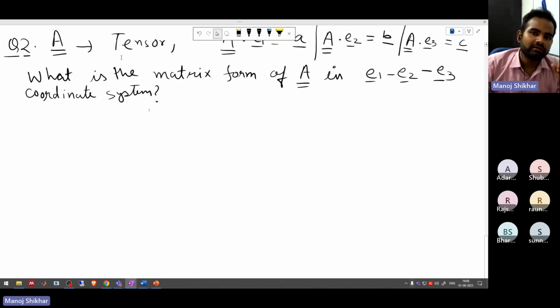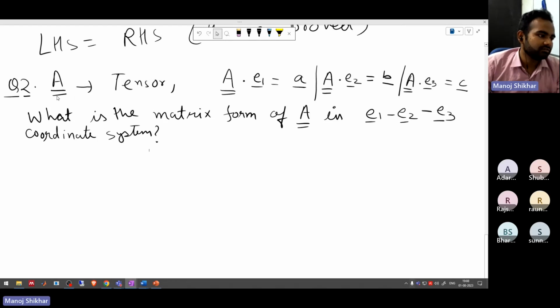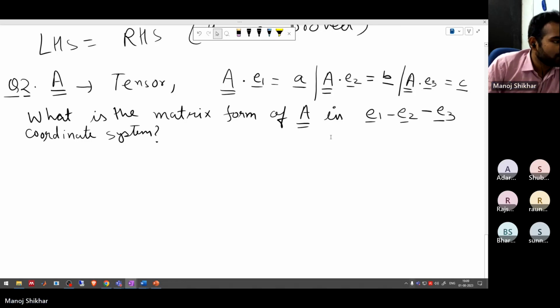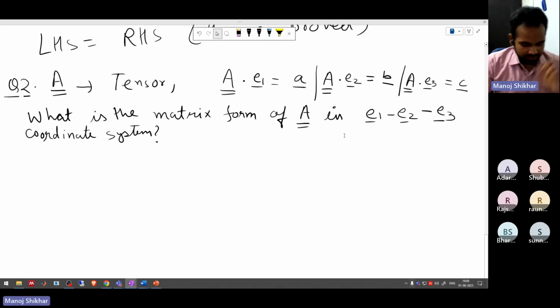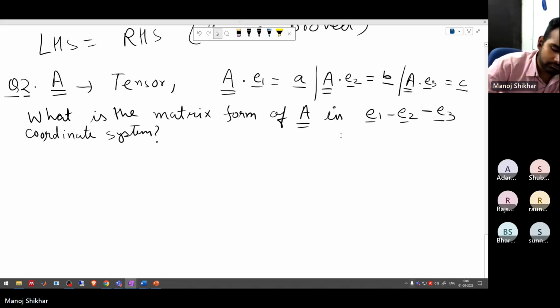It has told you that A is a tensor, and then it is specifically mentioning that you have to give the matrix form of A. It is not telling you to write the tensor A. It is telling you to write the matrix form of A in the E1, E2, E3 coordinate system. So can anybody comment how we proceed in this case?